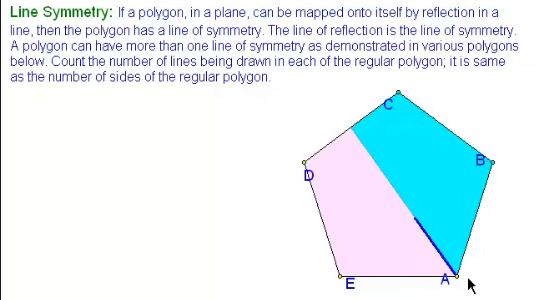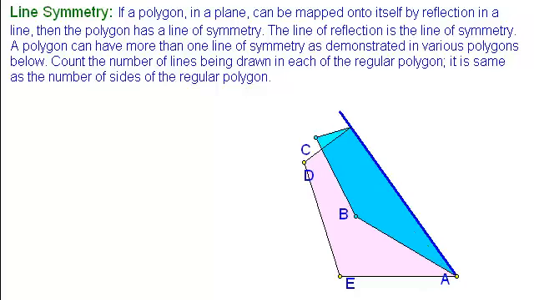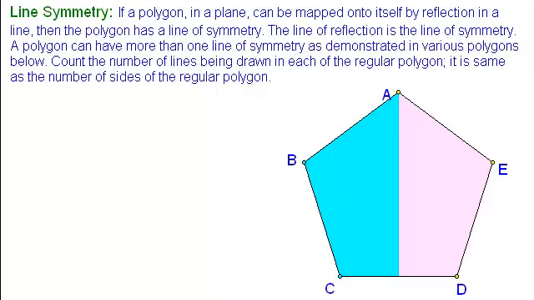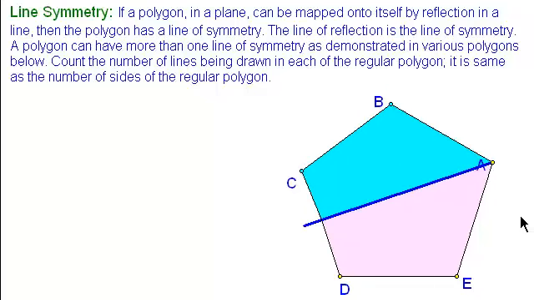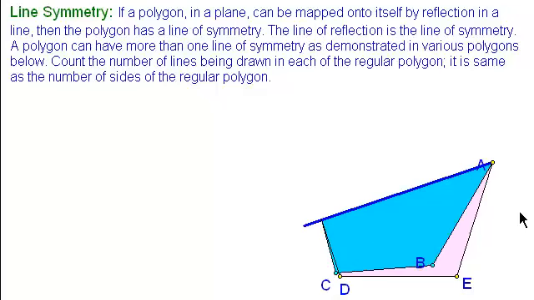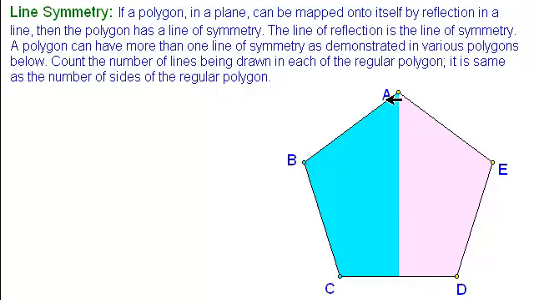Then comes the fourth one, which goes across from this vertex, and the fifth one. So this is the last one, and that is the fifth line of symmetry in the case of a pentagon. So when we have a polygon with an odd number of sides, we draw the line from the vertex to the midpoint of the opposite side.